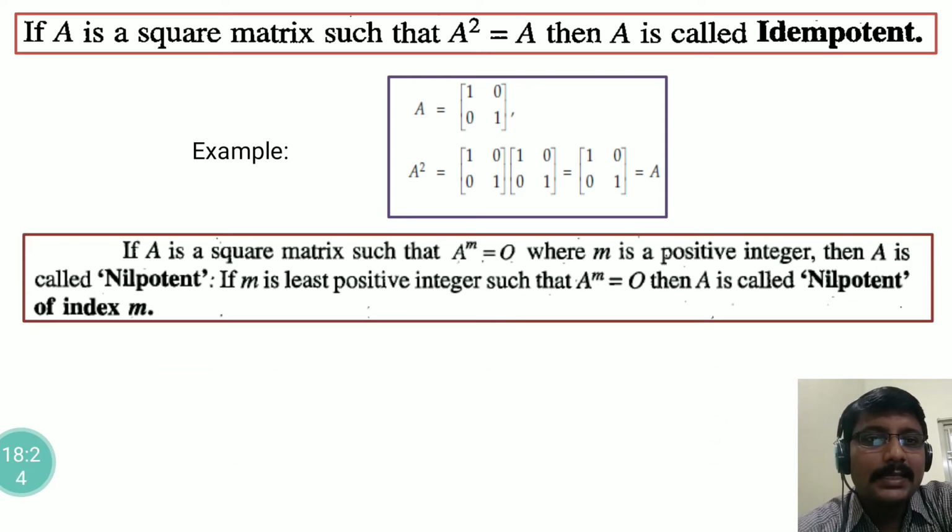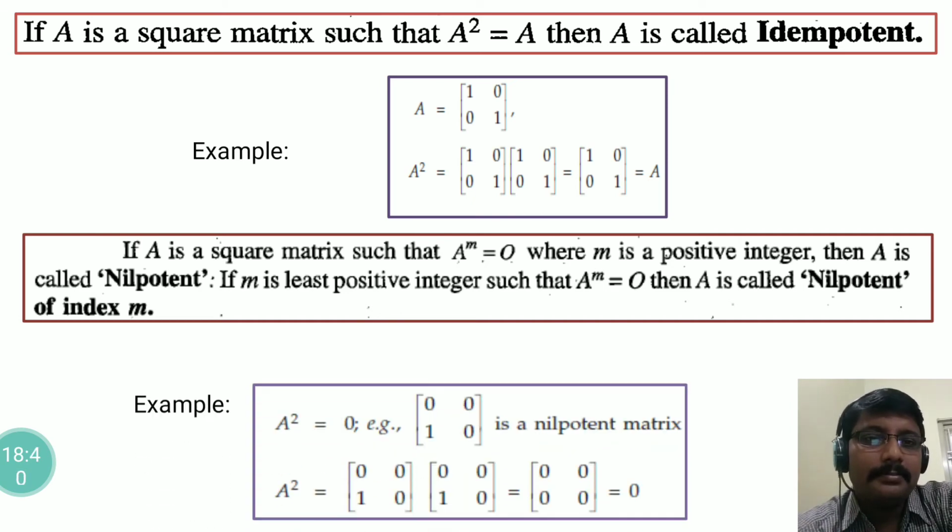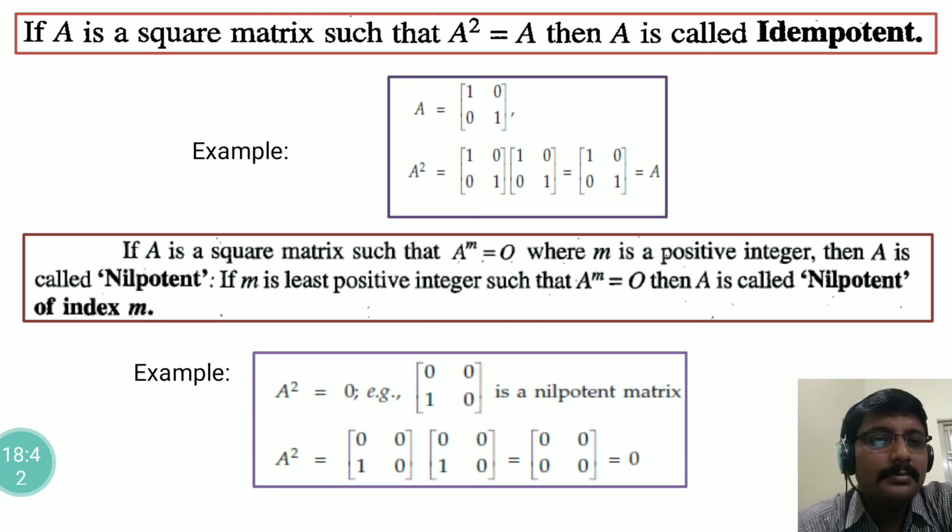If A is a square matrix such that A power m equal to 0, where m is a positive integer, then A is called nilpotent. If there exists a positive integer such that A power m equal to O, then A is called a nilpotent matrix of index m. So this is the example: A square equal to O, clearly here, so 0, 0, 1, 0 is a nilpotent matrix.